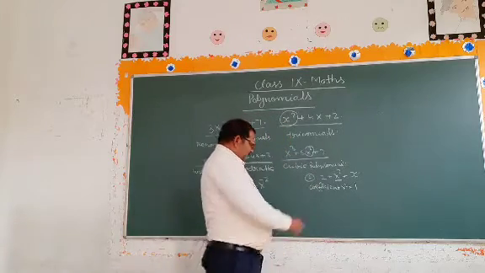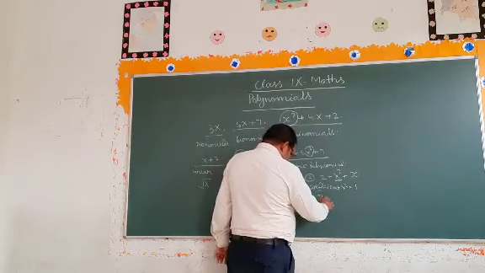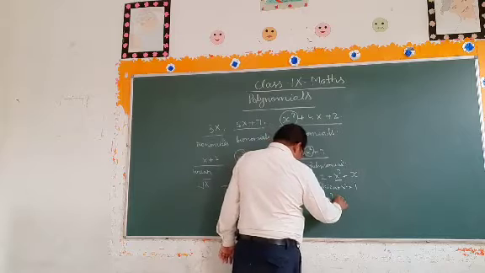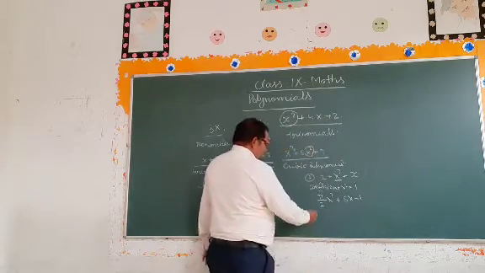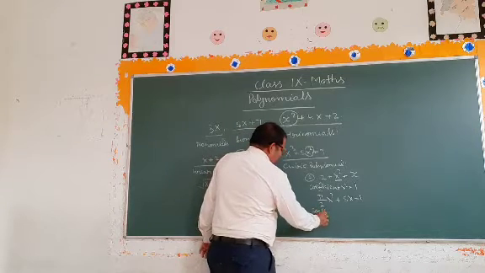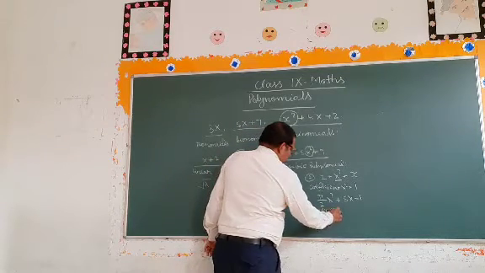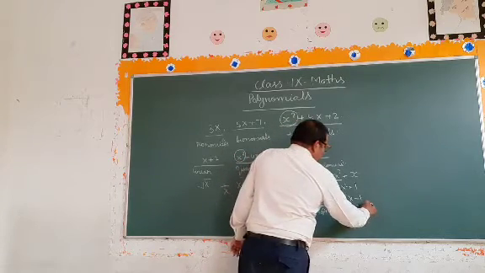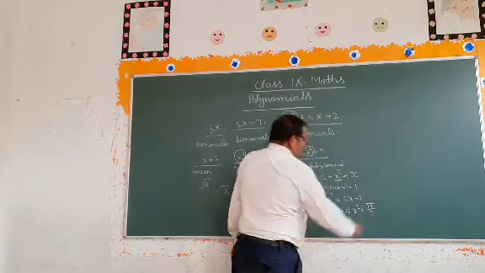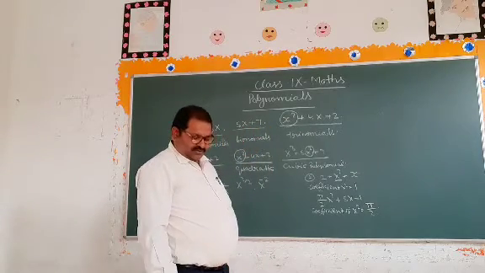Next, x is pi by 2: pi by 2 x square plus 5x minus 1. The coefficient of x square is equal to pi by 2.